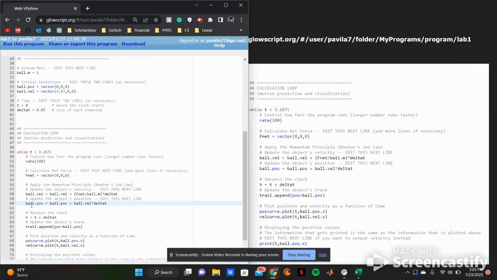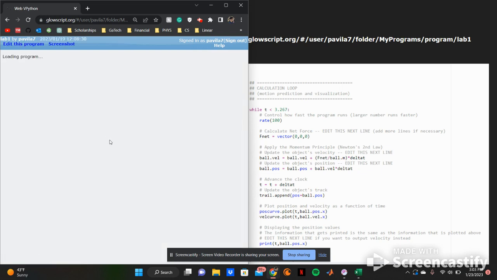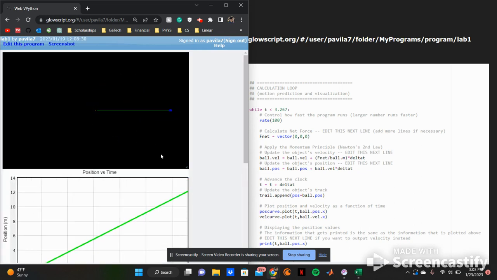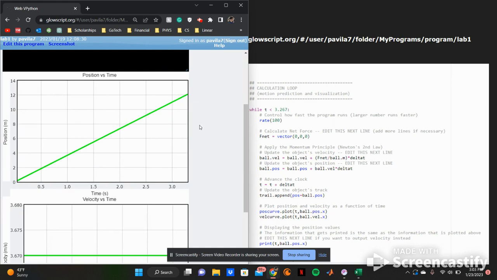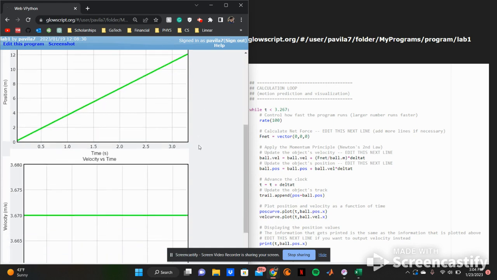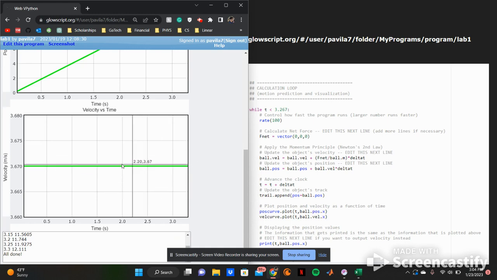And the position update equation is taken relative to the velocity. So since the velocity is the same, the position should change by the same amount at every interval. If we run the program right now, we'll see that the position time graph is very similar to the one we saw before. The slope is rising, and the velocity time graph is constant, as it should be.